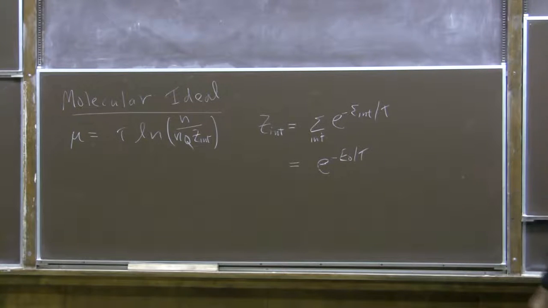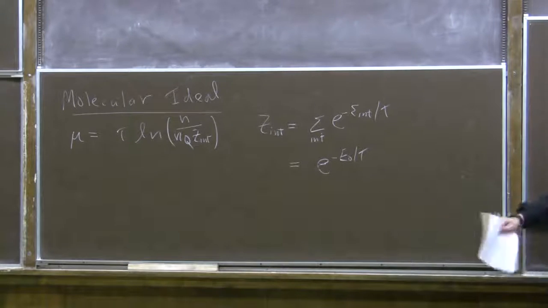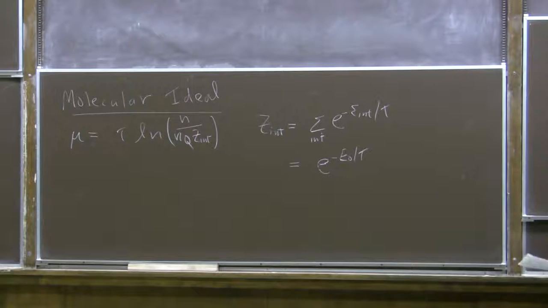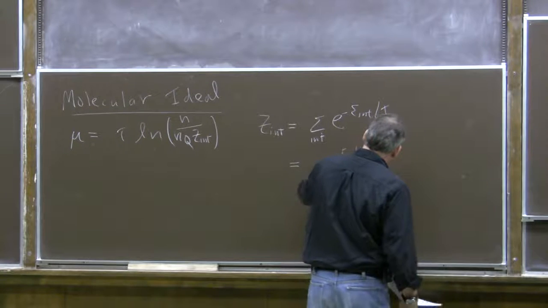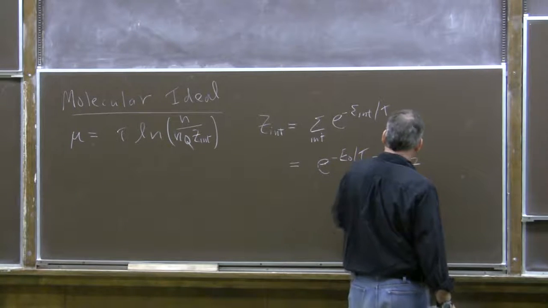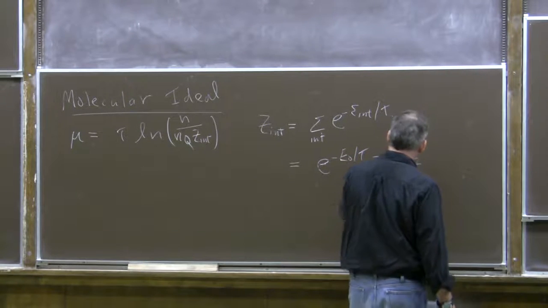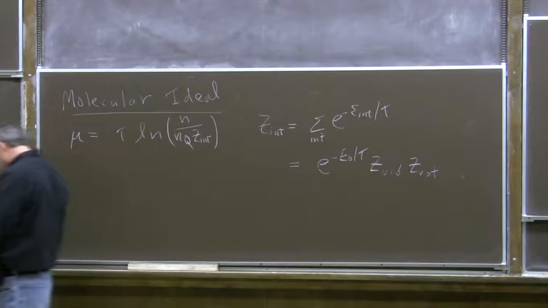And it's important to keep track of that zero of energy because it may be different for different molecules, because there can be binding energy that changes in a chemical reaction. But then, in addition, we have to sum over the vibrational and rotational degrees of freedom for the molecule. And that factorizes into a sum over vibrational states times a sum over rotational states, and a corresponding partition function for each.